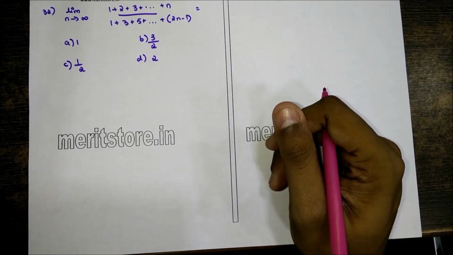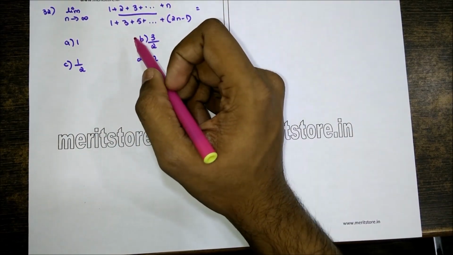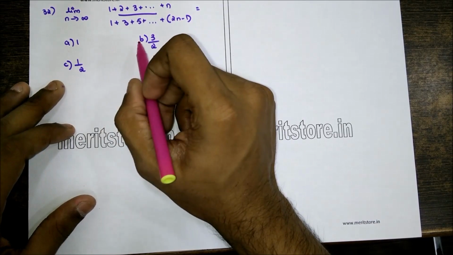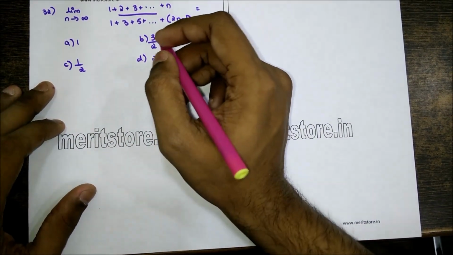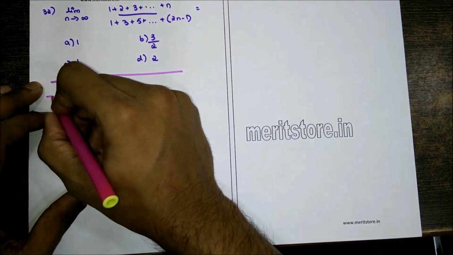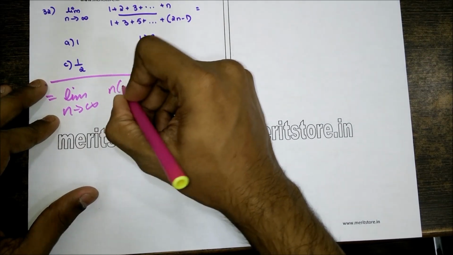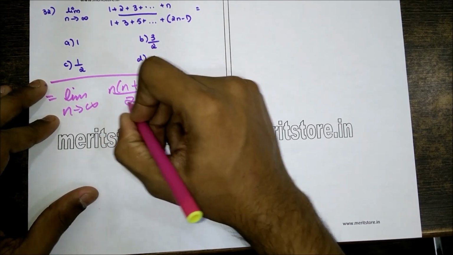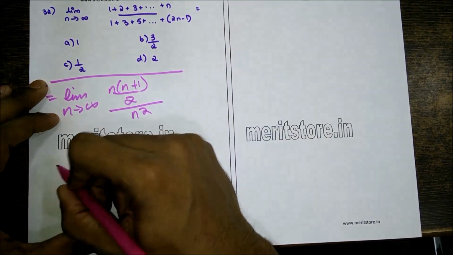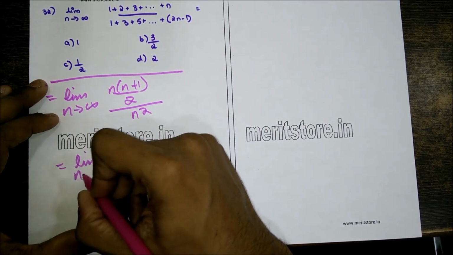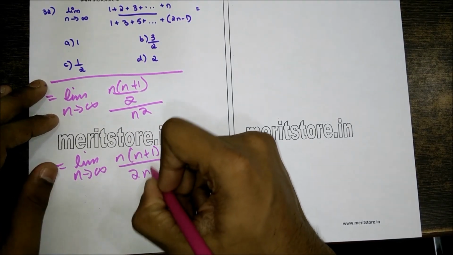Limit of n tends to infinity, summation of n numbers upon summation of all the odd numbers equals a) 1, b) 3 by 2, c) 1 by 2, or d) 2. So therefore we could write it as limit of n tends to infinity n into (n plus 1), that is summation of n numbers, upon 2 into n square, giving us limit of n tends to infinity n into (n plus 1) upon 2n square.